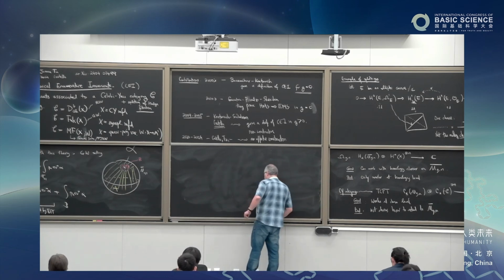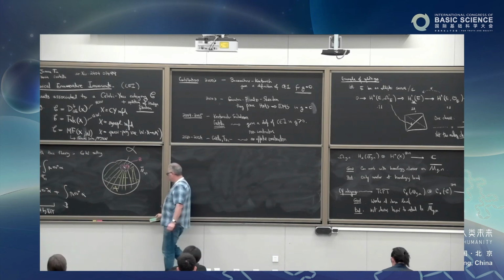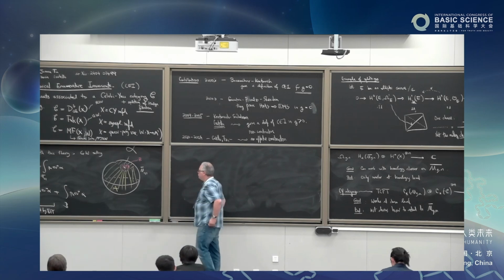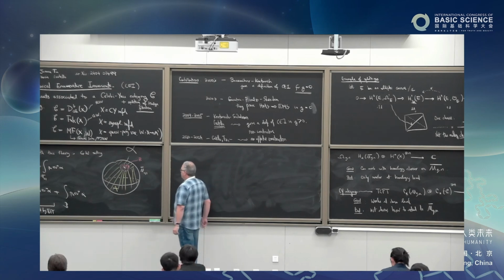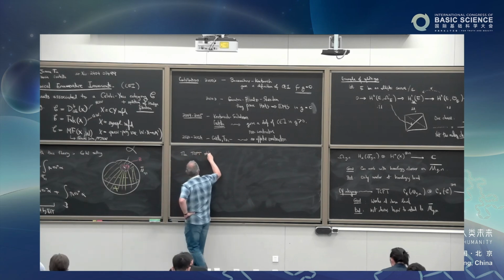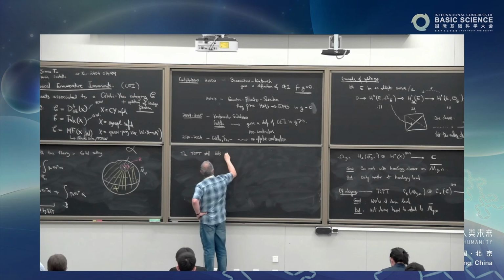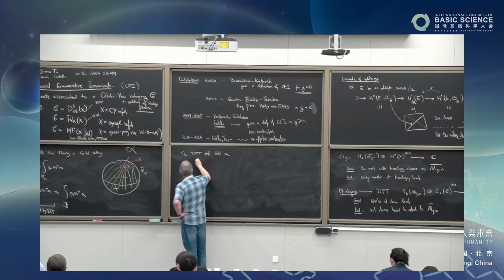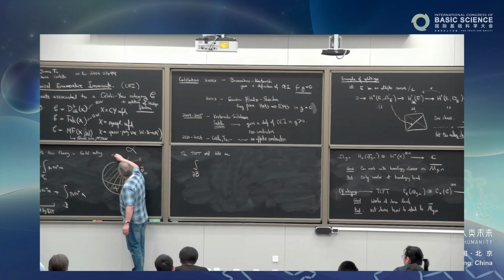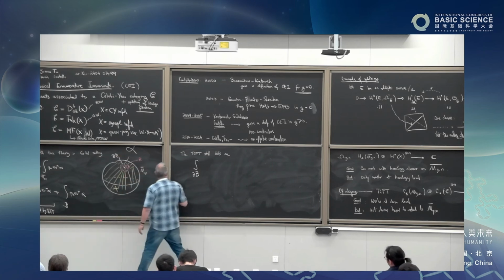But one thing that the TCFT does tell me is some very strange information. Namely, the TCFT still tells me how to calculate the integral on the boundary of B, which is this circle, of anything that I want.